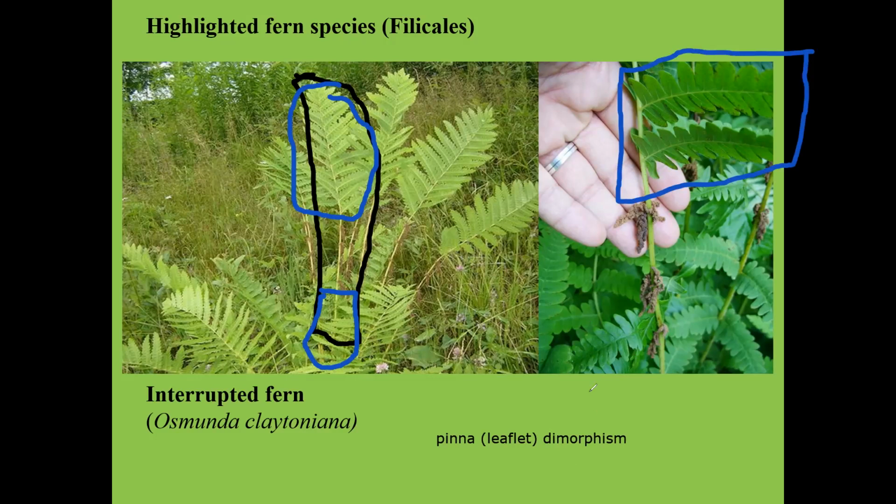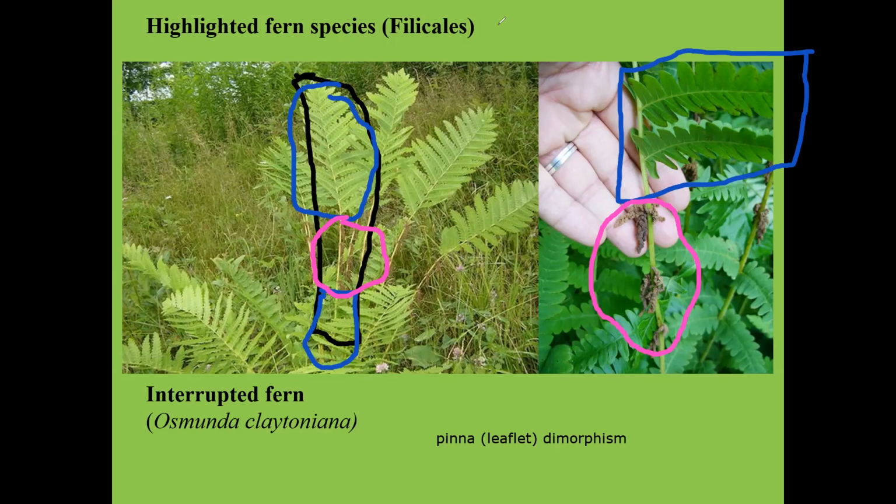However, interrupting those two sections, I'll do pink, are leaflets that only have sporangia on them. Hence the name interrupted fern. So the fertile pinna interrupt the leaf in the middle.